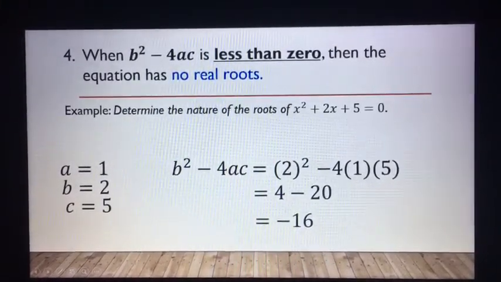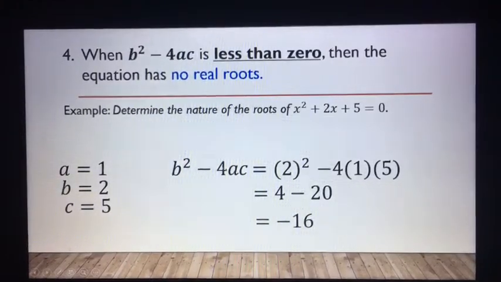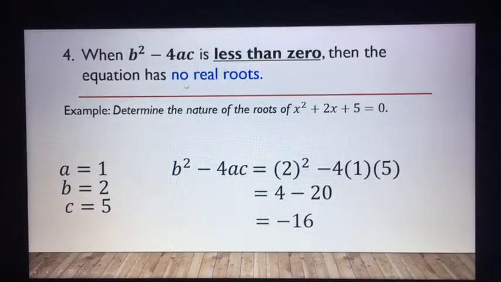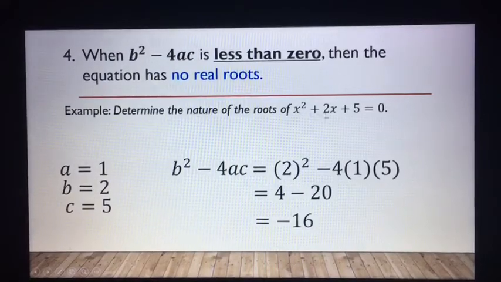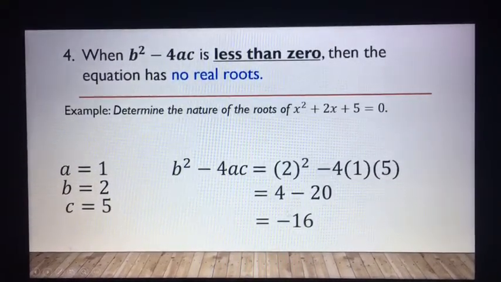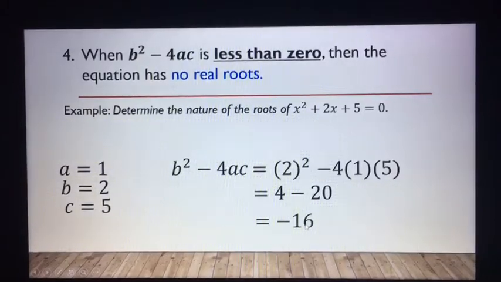So, pag less than 0 ang discriminant natin, ano nga ang roots? Ang roots niya, wala. No real roots. The quadratic equation, the x squared plus 2x plus 5 has the discriminant negative 16. Therefore, it has no real roots.